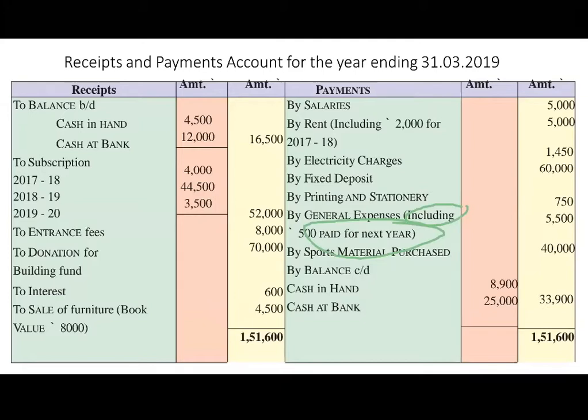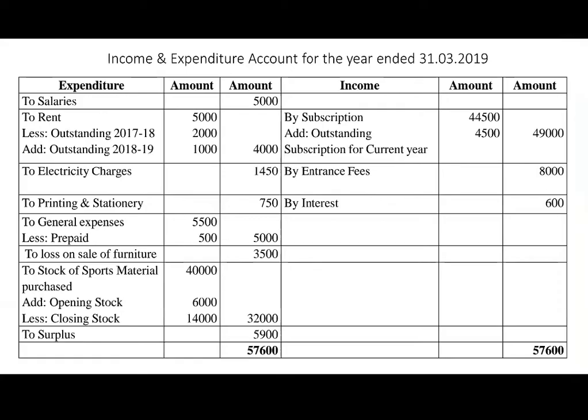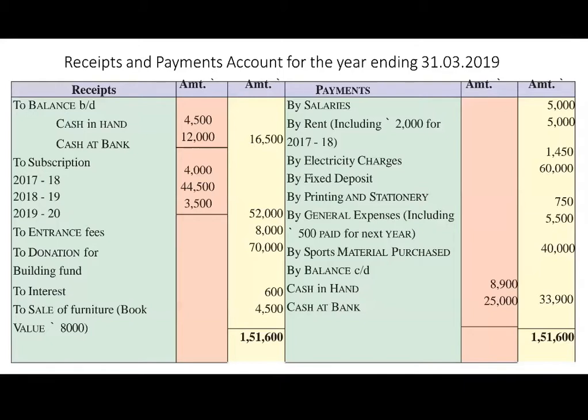So you will record this, and when you put the amount, it will be recorded in the first column of the amount. If you see here, we have recorded the general expenses. Where have you recorded it? In expenditure, because it was given on the payment side, but in which column is the amount? In the first column, 5,500. Now the next is by sports material purchased.